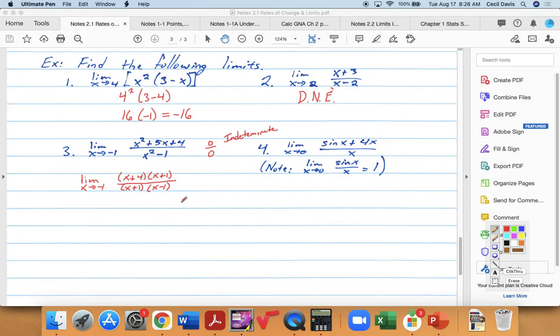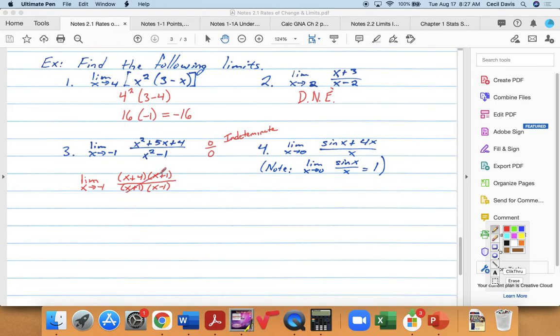If you cancel out, I prefer to say divide out, those x plus 1s, now it is defined and you have changed the function. But as a limit, that is perfectly legal because we don't care what happens at -1. We just care what happens near -1 as we approach -1.